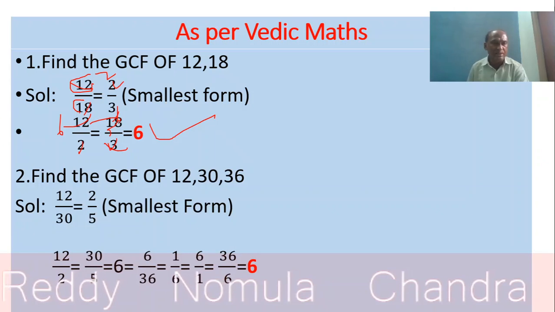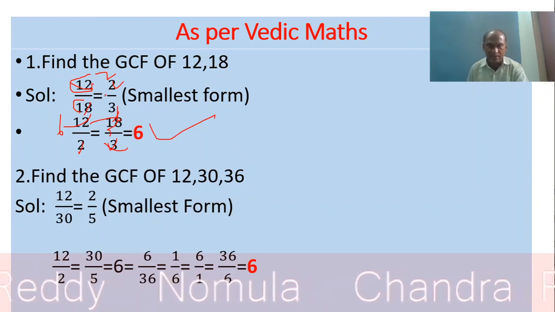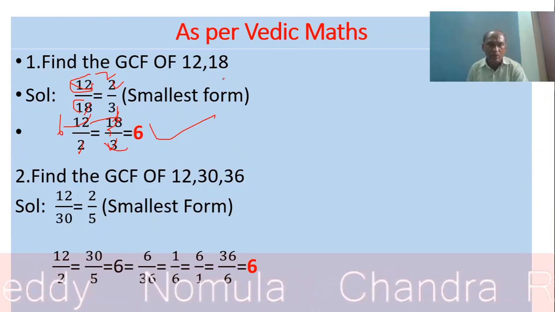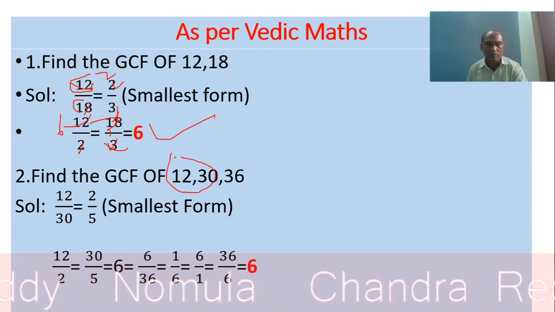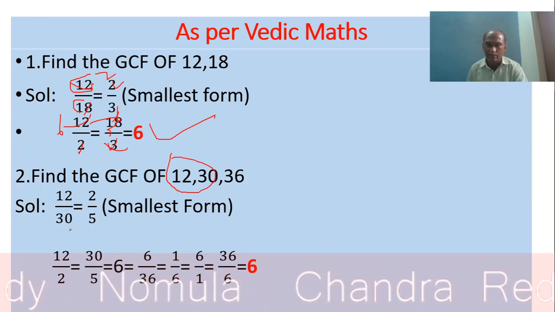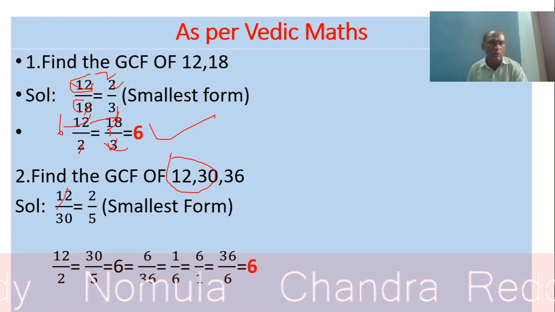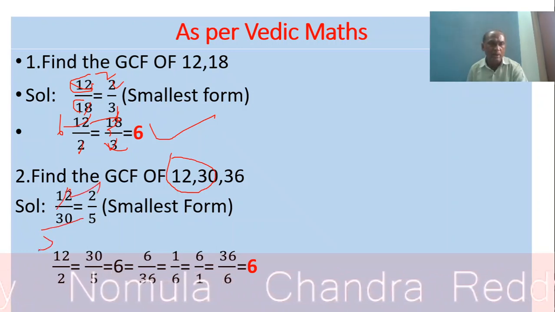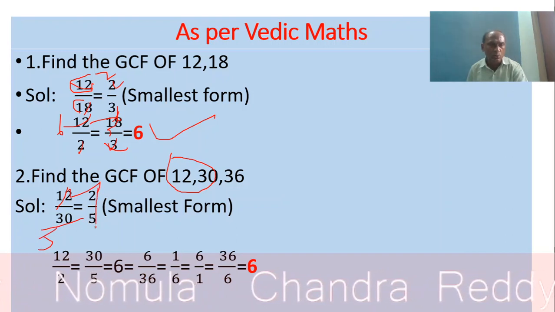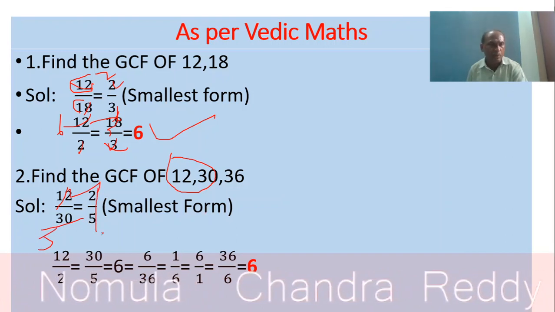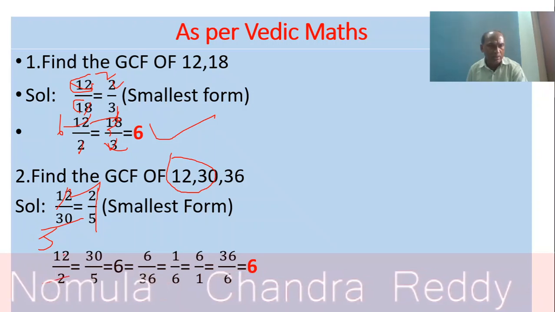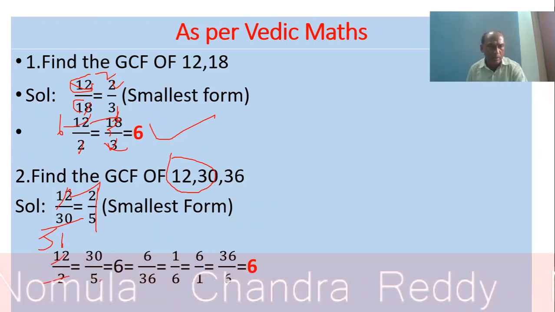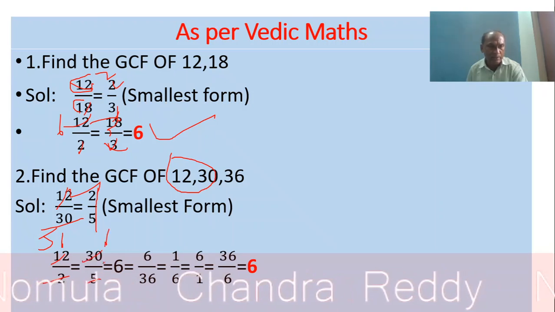Now, find the GCF of 12, 30, 36. So, first take two numbers. Here, two numbers: 12 by 30. So, 6 2 ja 12, 6 5 ja 30. Here, write 2 by 5 smallest form. Now 12 by 2, 30 by 5. 2 1 ja, 2 6 ja, 5 1 ja, 5 6 ja.